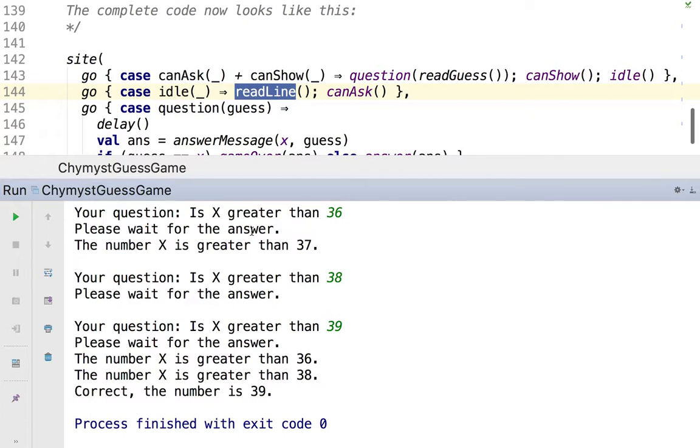So there's this empty line here, which is when I pressed enter, and that line is read by this read line, which is the second reader. And then there's a can ask, and I'm here and I can enter my integer.